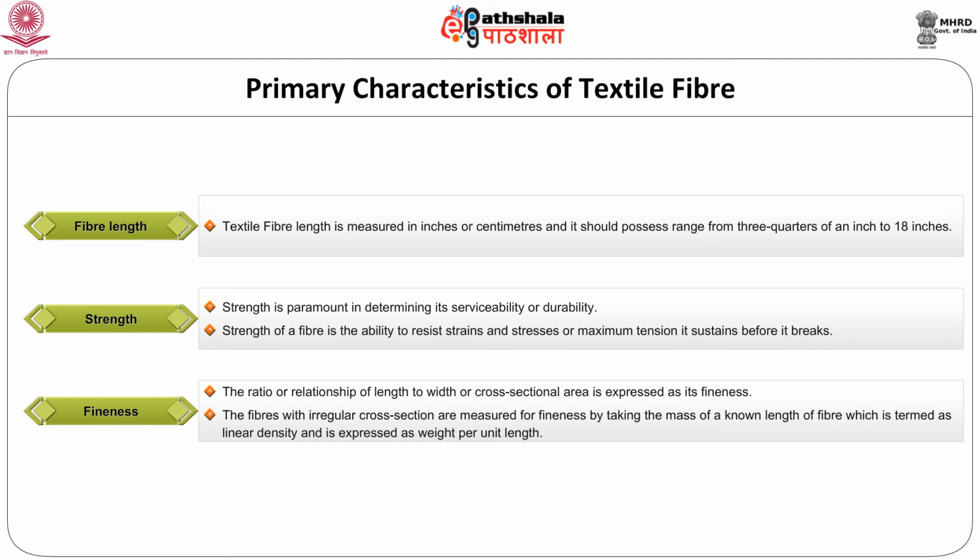Textile fibers, either natural or artificial, come in various forms and cross-sectional shapes, like wool circular, and cotton and silk irregular cross-sectional shape. The fibers with irregular cross-section are measured for fineness by taking the mass of a known length of fiber, which is termed linear density and is expressed as weight per unit length.